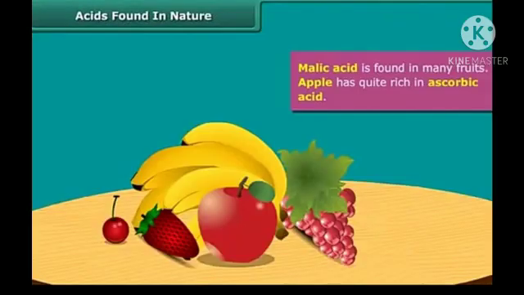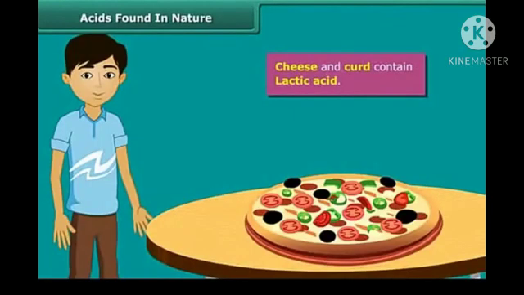Malic acid is found in many fruits. Apple is quite rich in malic acid. Children like pizza. On that pizza, we will see cheese. Cheese contains lactic acid, and in curd also lactic acid is present.